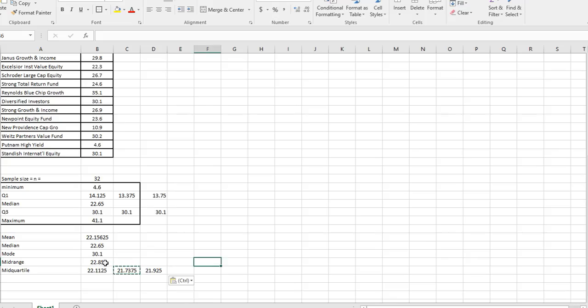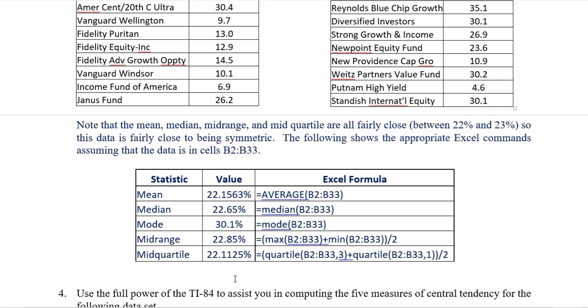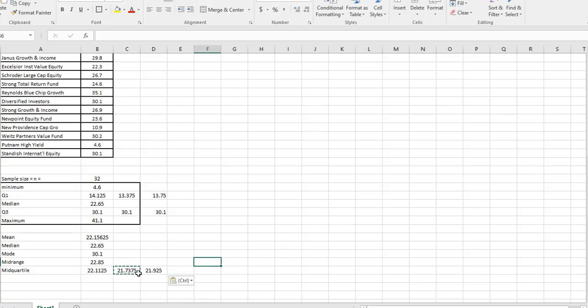Well, anybody's going to do it that way. Mid-quartile 22.1125, and so the old Excel way is this one here, which is the inclusive way, quartile INC. That's going to be the old way Excel used to do it, but Excel has put in a new way to do it here as well.